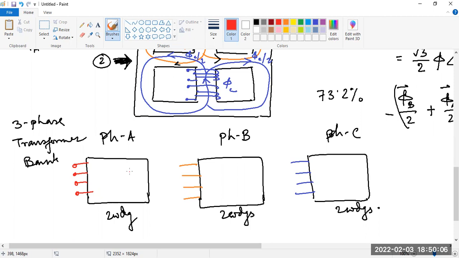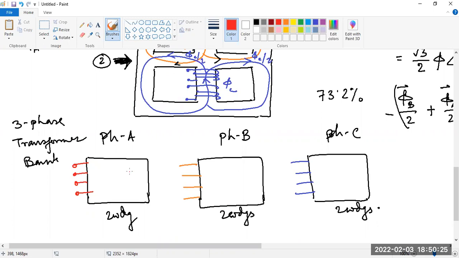Okay, now another thing. If I look at the magnetic circuit, I have not drawn it here, you have to draw it, because you know what the magnetic circuit is for a single phase transformer.